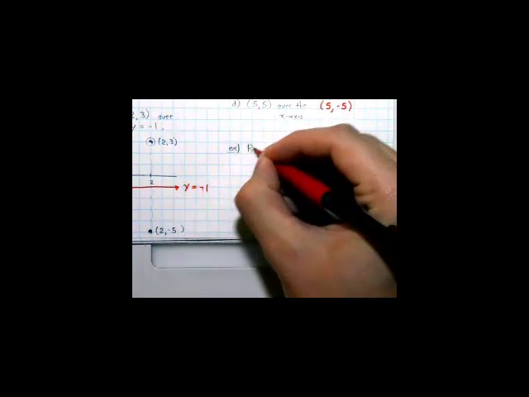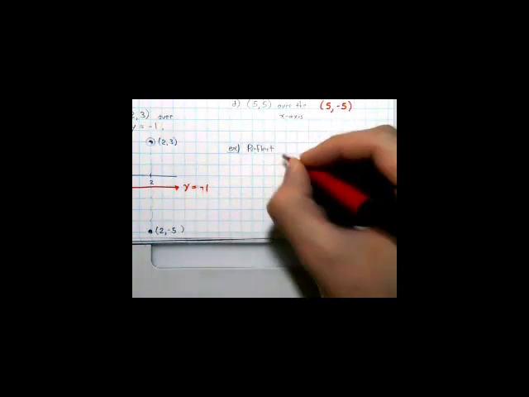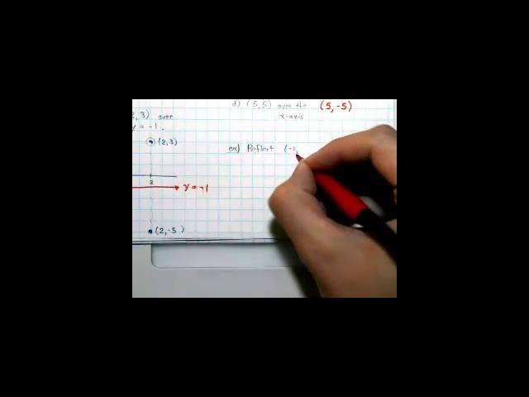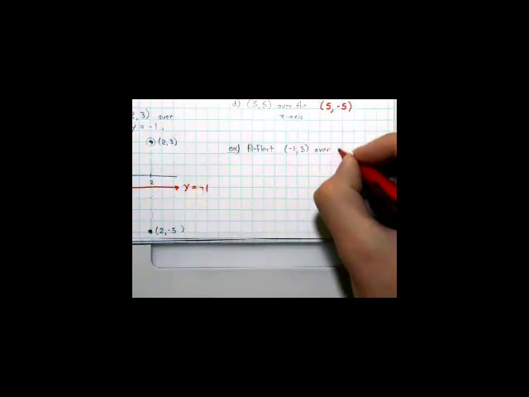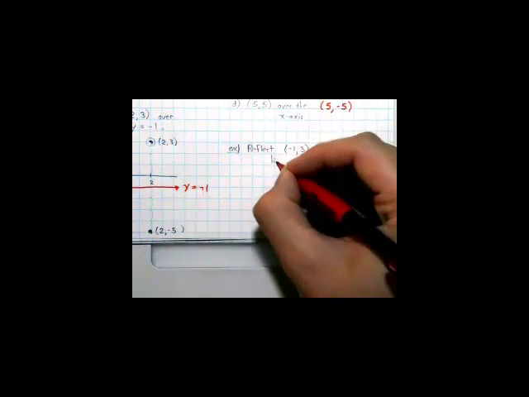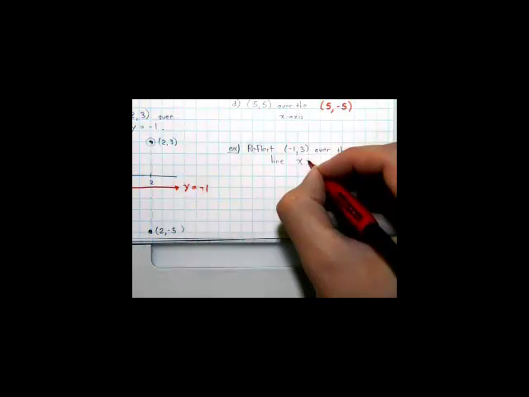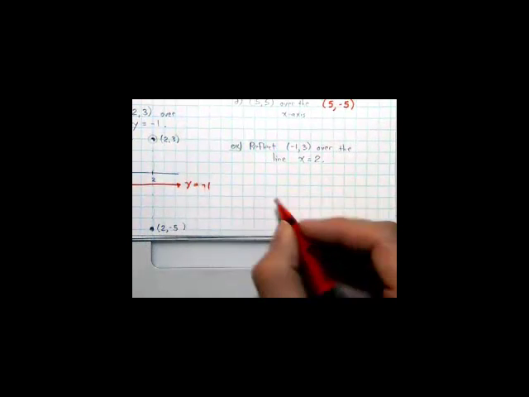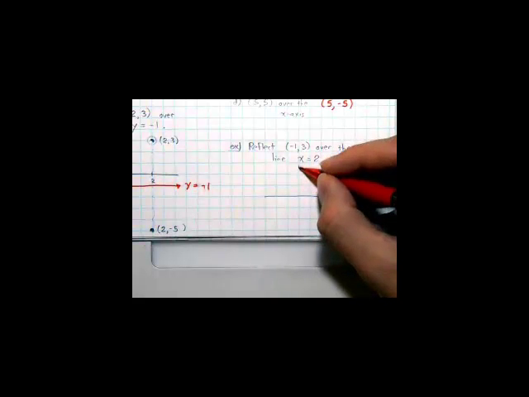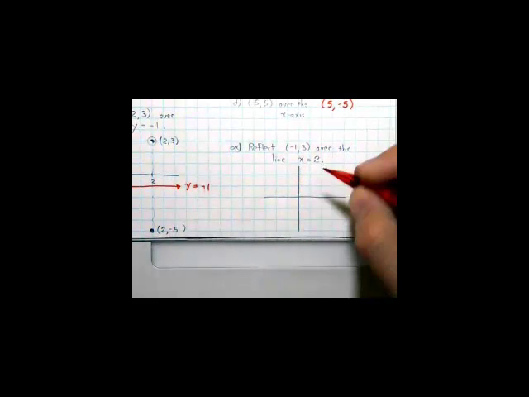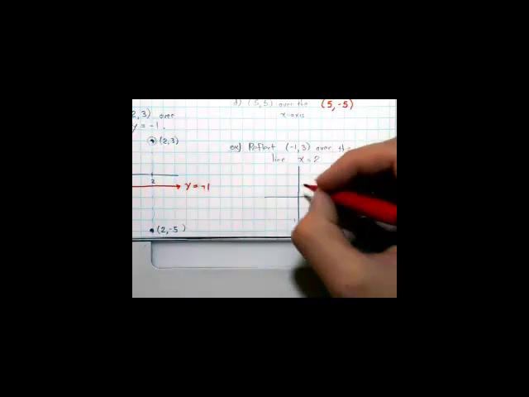So if we reflect a point, I don't know, negative 1, 3 over the line x equals 2. See if I have enough room here. I'll count by 2s.